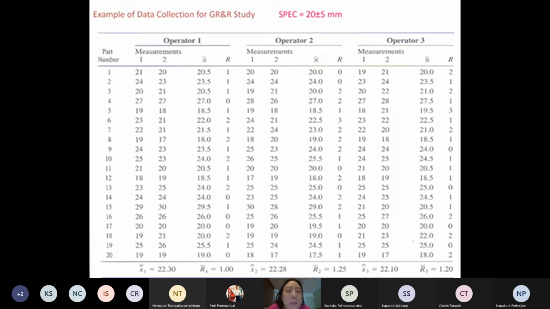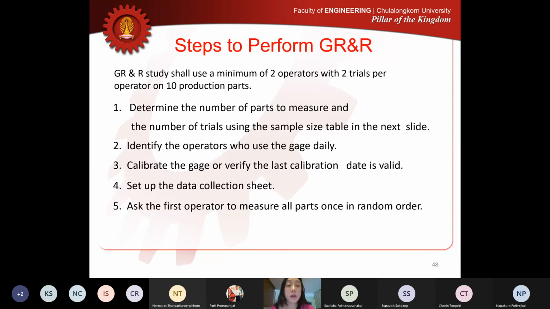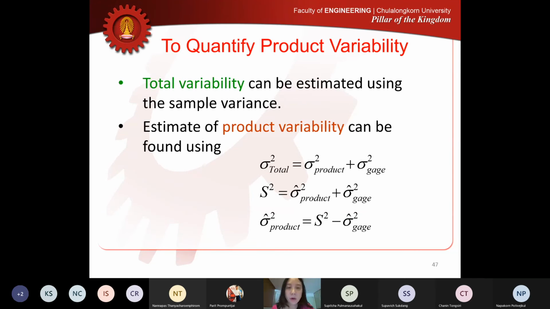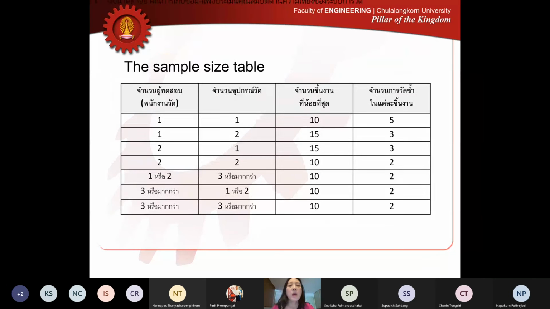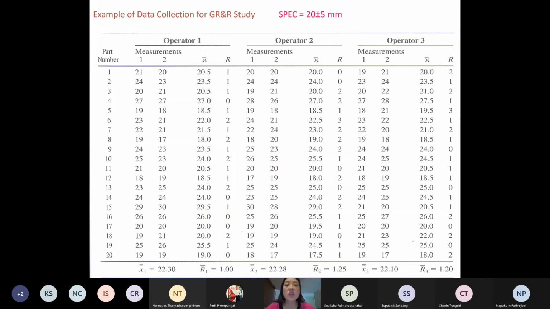Like in this example, your data is the diameter of the parts. You have, for example, 3 operators, and you want to judge the precision of each operator, like the repeatability of each operator.